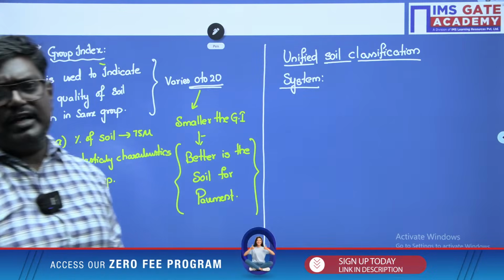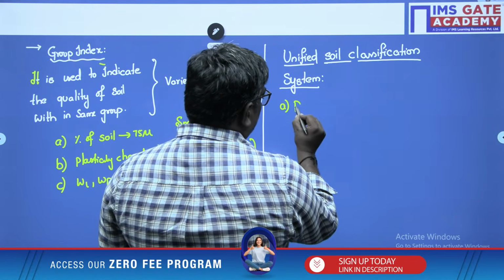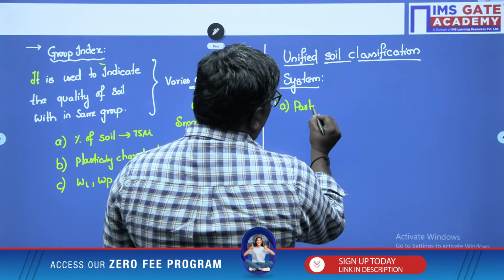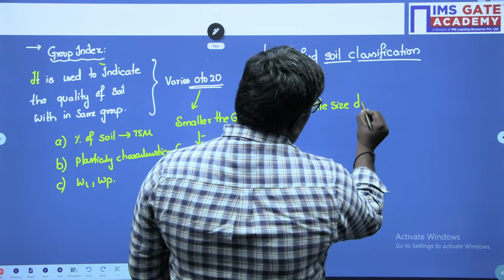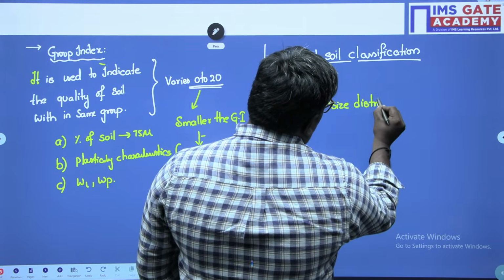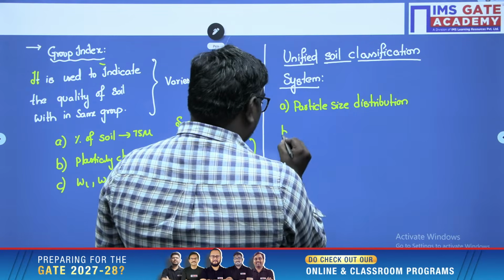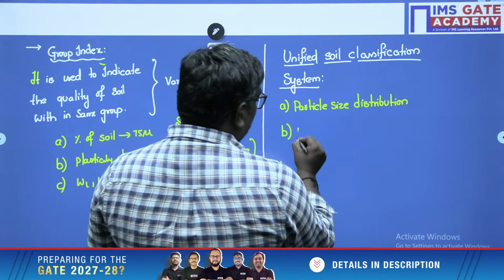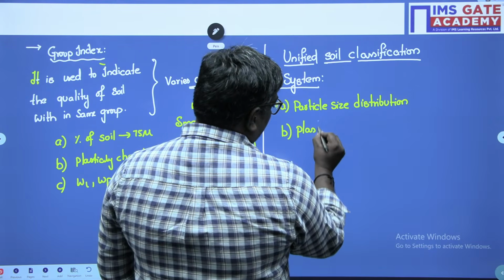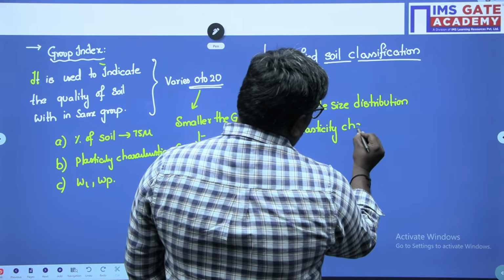It is based on particle size distribution, or we call it grain size distribution. Unified soil classification depends on what, sir? It depends upon particle size distribution. And it also depends upon plasticity characteristics.